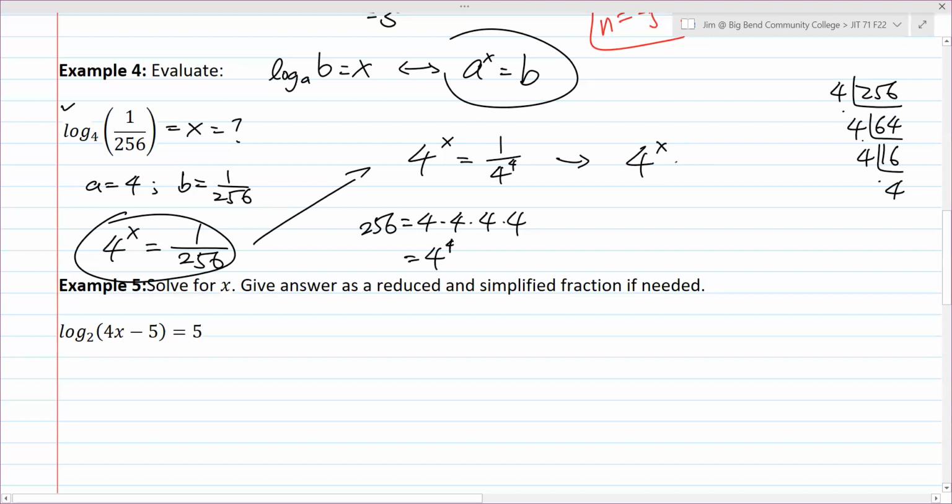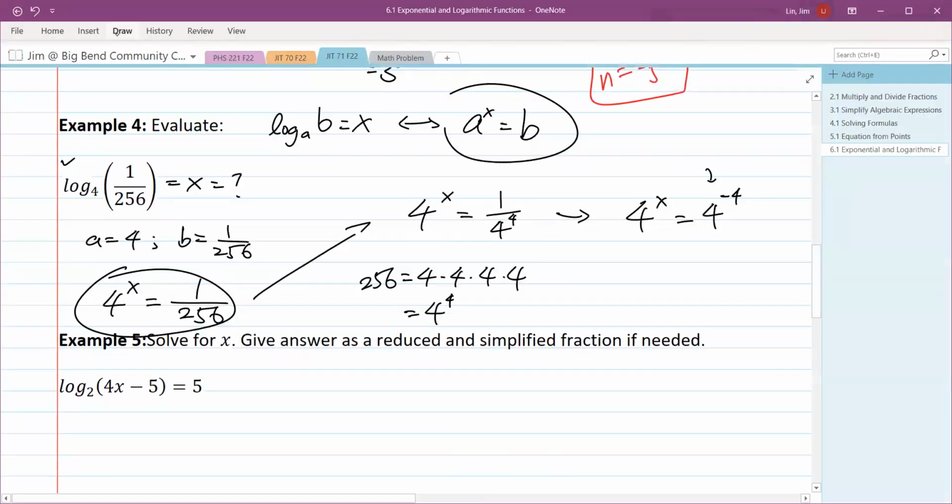And then what do we get? 1 over 4 to the 4 turns into 4 to the negative 4. Right, it is mathematically correct. We flip the sign of the exponent and turn the denominator into a numerator like that. All right. We have the same base again.